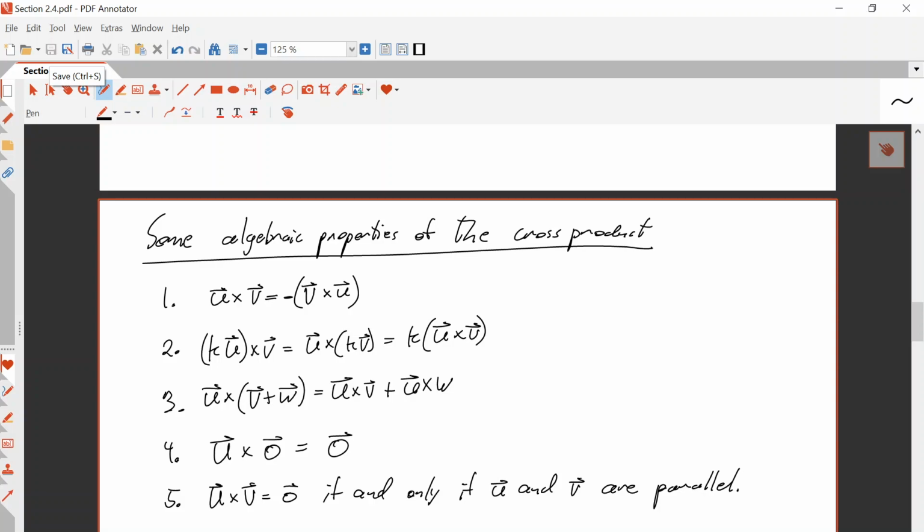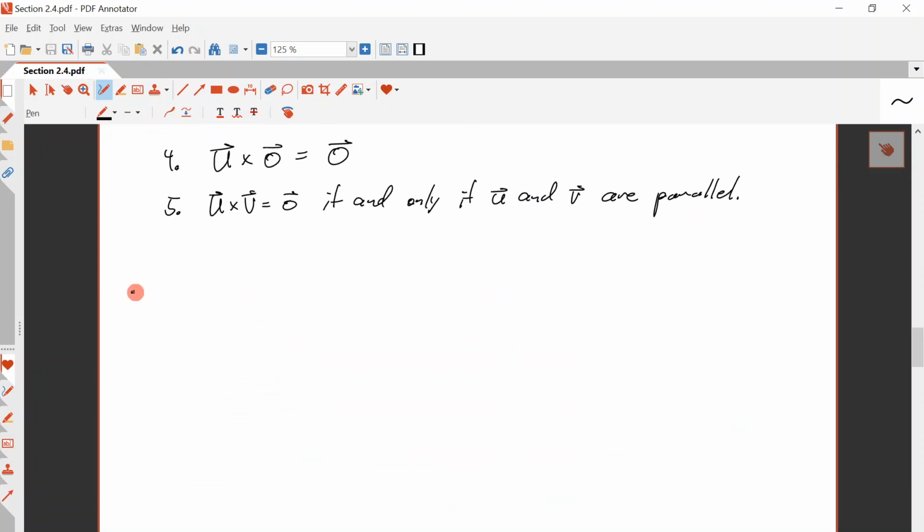Another example of cross products would be the following.